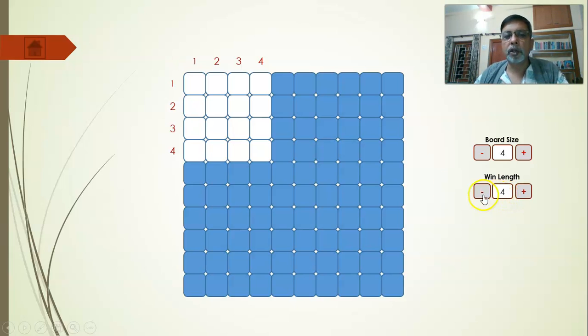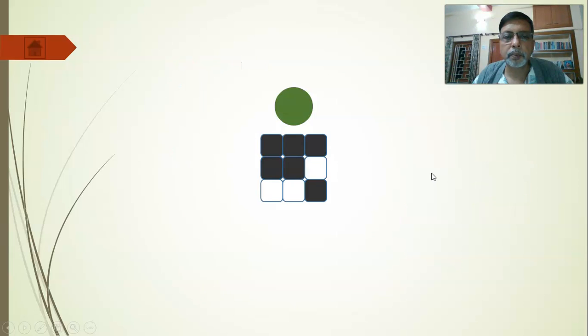So you have to make 4 in a row to win the game. Just to demonstrate the idea, here it will be a draw most probably if two players play carefully. The tic-tac-toe ends up in a draw.